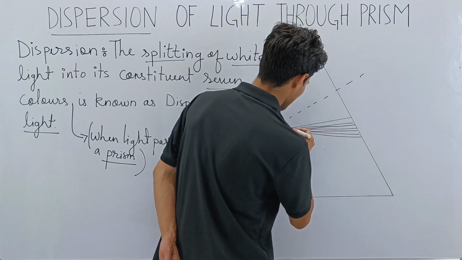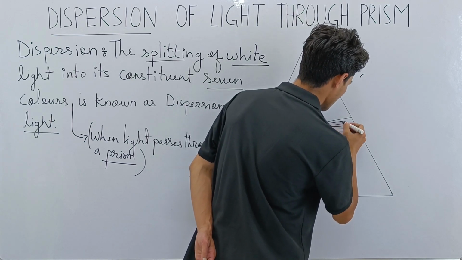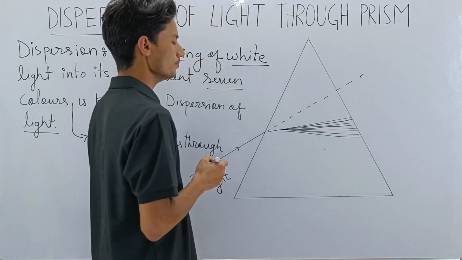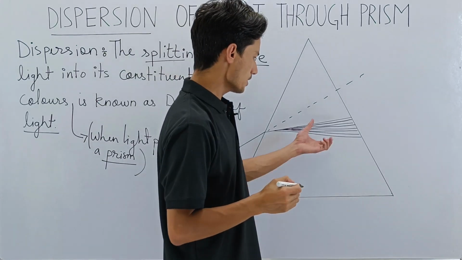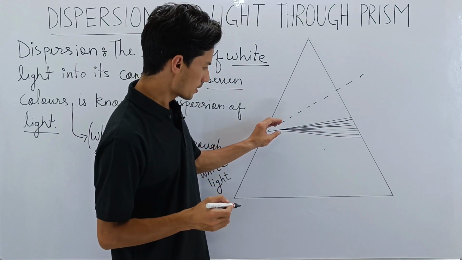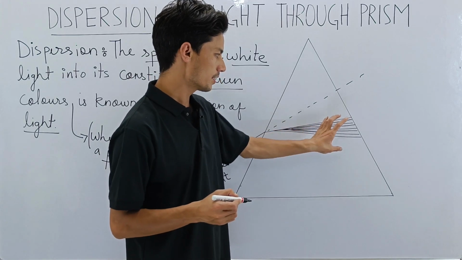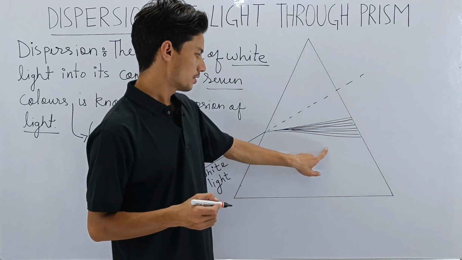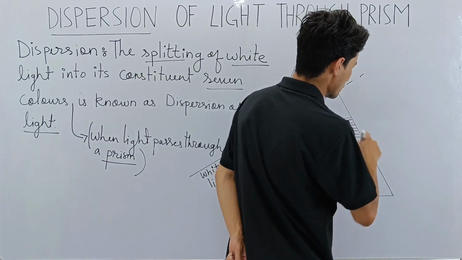VIBGYOR. Let's take one more again. We need a lot of practice. So this is how splitting is taking place. See, one single ray of light is splitting. Now how will they emerge out?